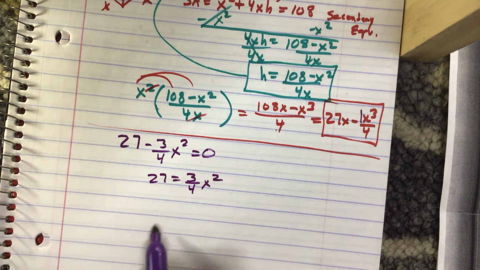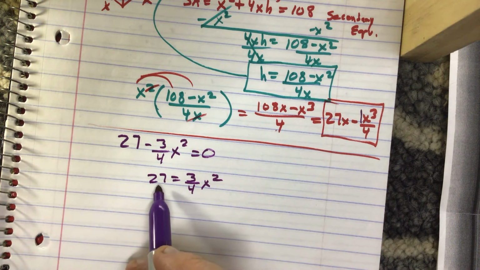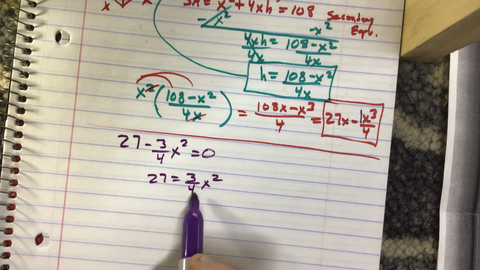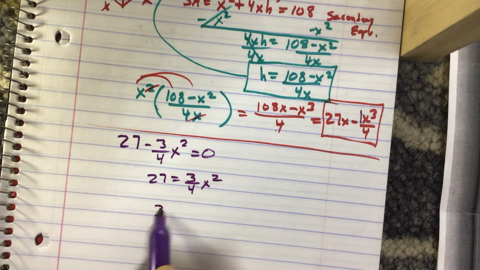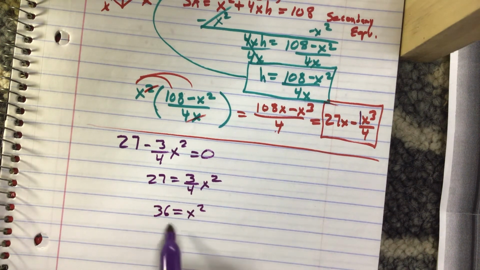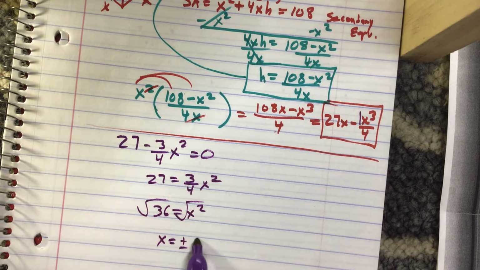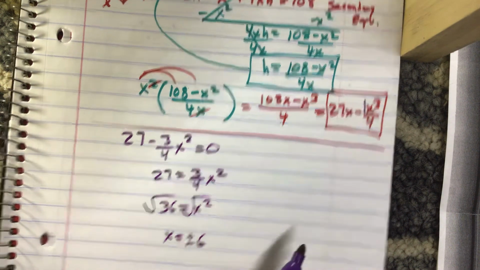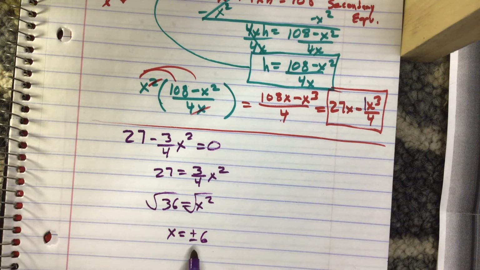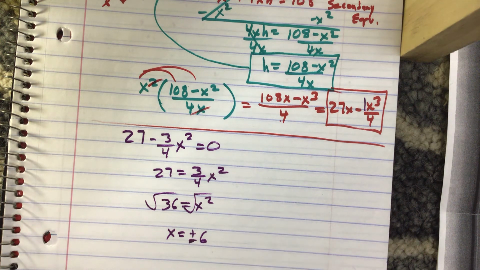Multiply both sides by 4/3, which gives me 4 times 27 is 108, divided by 3 is 36. Take the square root of both sides: x equals plus or minus 6, but the length of a side of the box can't be negative, so it's got to be positive 6. So when x is 6, it maximizes the volume.